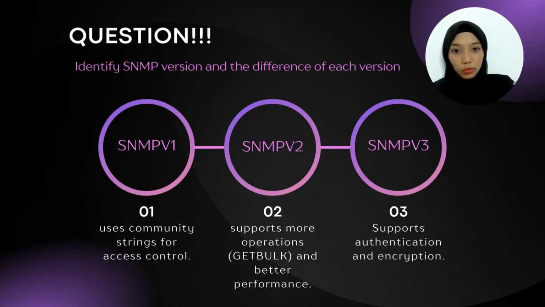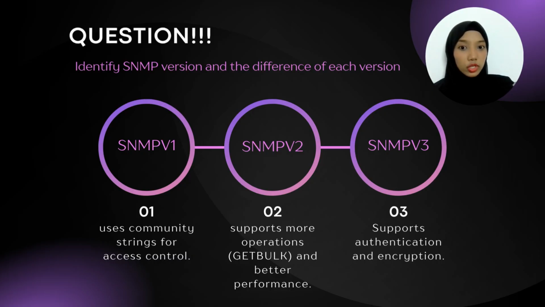So version 2 is the performance upgrade. It still uses insecure community strings, but it added the get-bulk operation, which is much more efficient for retrieving large amounts of data, and it's the most common version for internal networks.